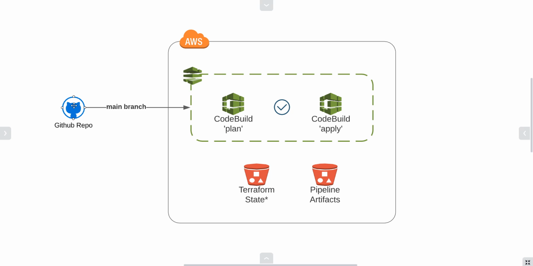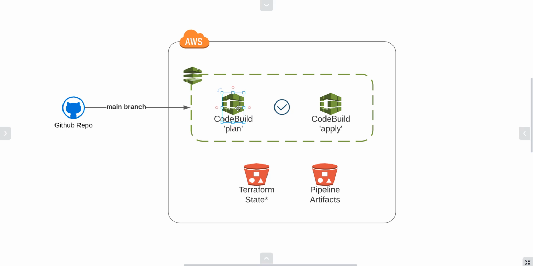We have a GitHub repository with a branch called main, and this branch sends notifications to the pipeline whenever changes happen to the branch. The pipeline triggers. There's a source stage which downloads the source code and puts it on the pipeline artifact S3 bucket. The code is then passed to the build phases we see here.